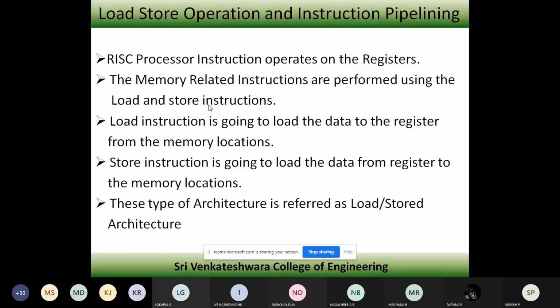As I told, ARM is a RISC-based machine. So whenever you want to operate on memory, first the data has to be brought from the memory to the register. What instruction are you going to use to bring the data from the memory location to the register?